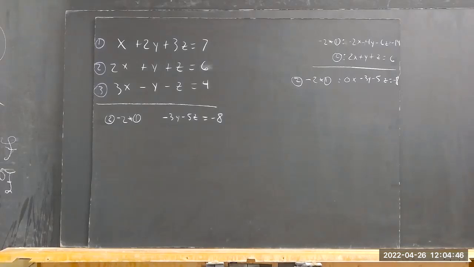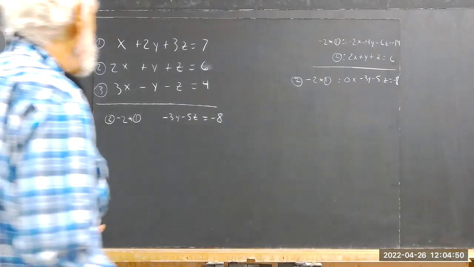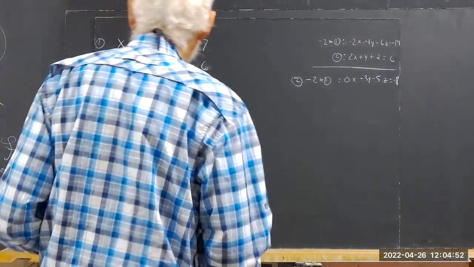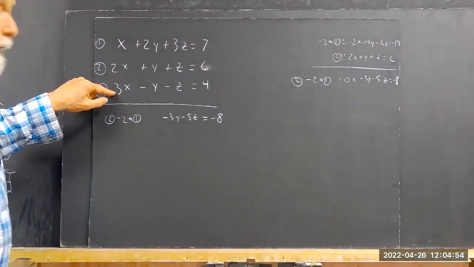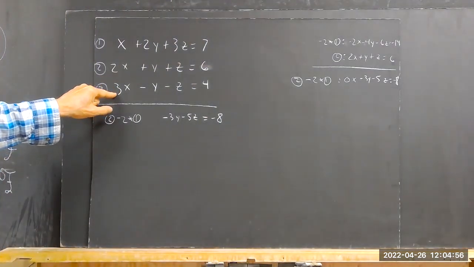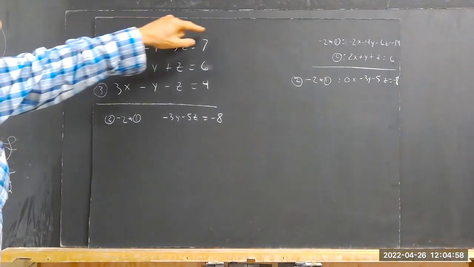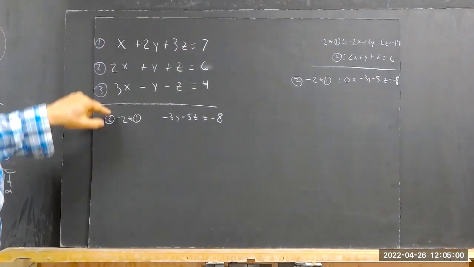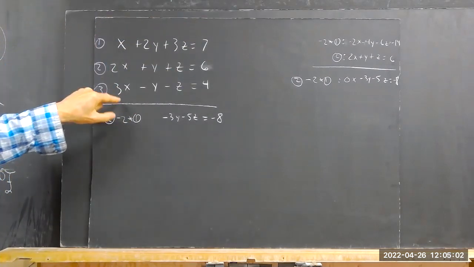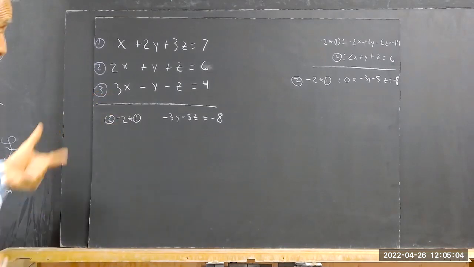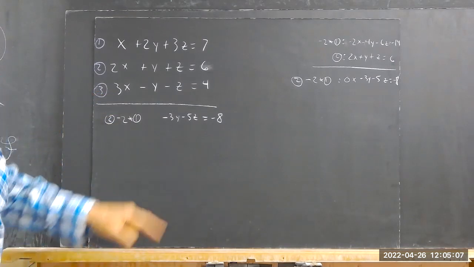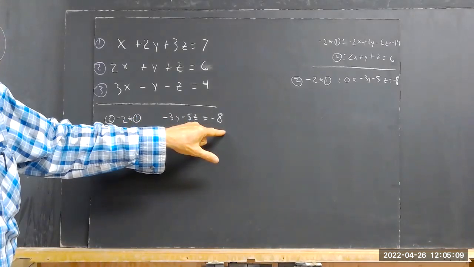And of course, that's what you got eventually after a number of steps. Then I'm going to want to eliminate the x down here. Well, I'm going to do -3 times this first equation. That'll give me a -3x. It'll add to this 3x, and then it won't have any x's. And that'll give me two equations in y and z.